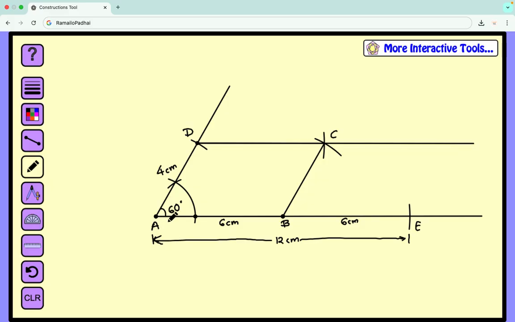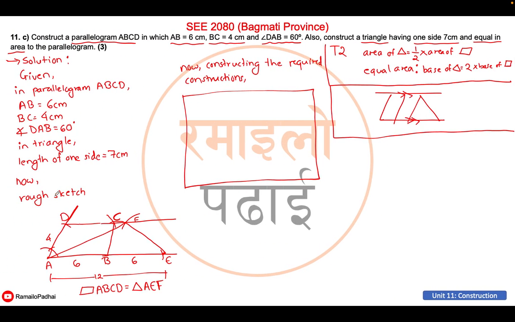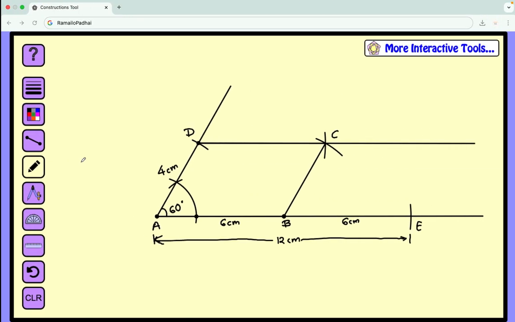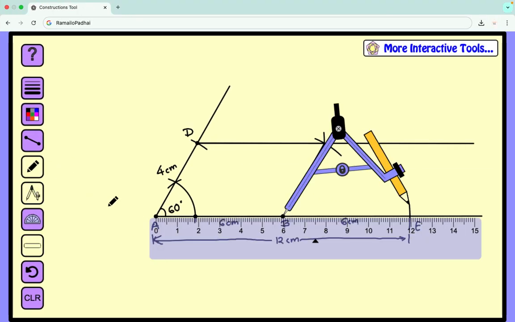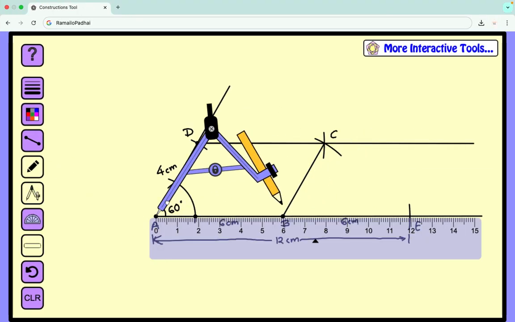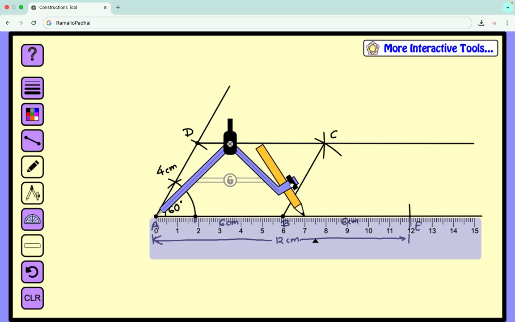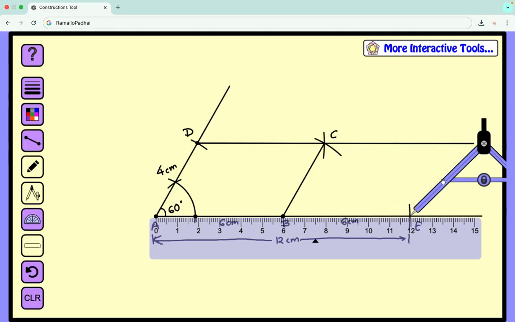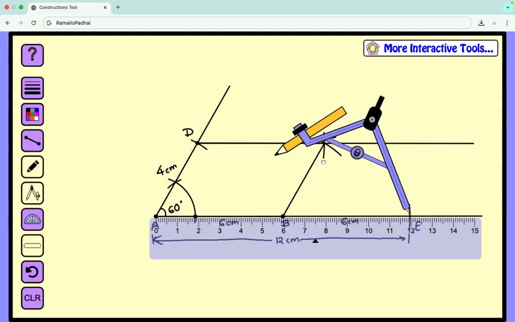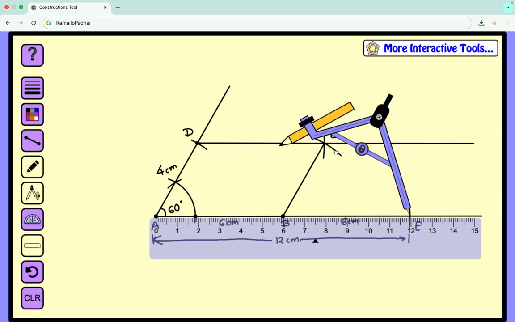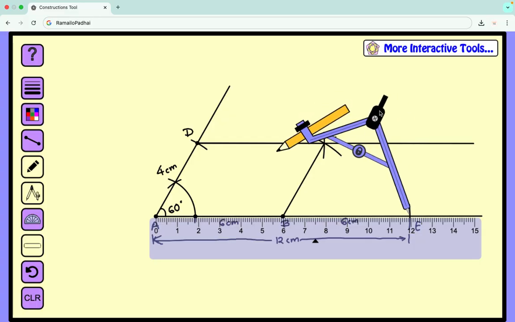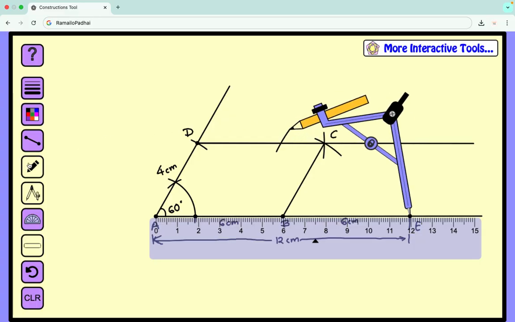Now we are given that one side of the triangle is 7 centimeter. So we will measure 7 centimeter with the compass. So this is 7 centimeter, and from E we will mark on the line DC. Okay, so we mark it here.